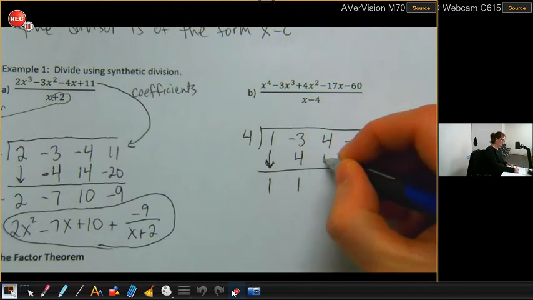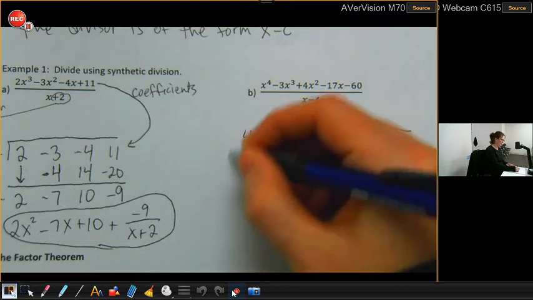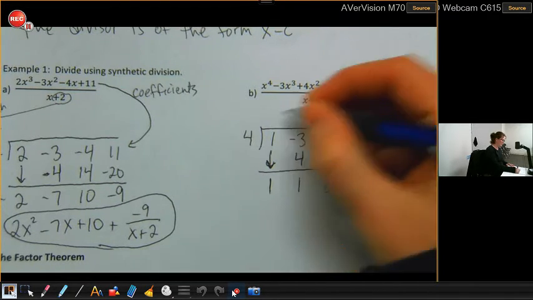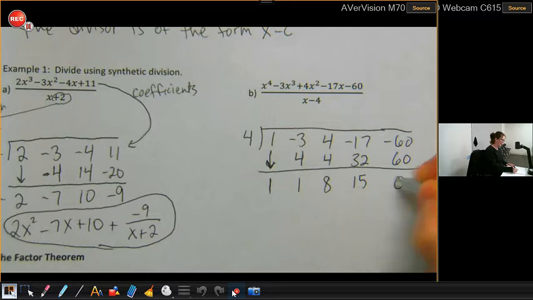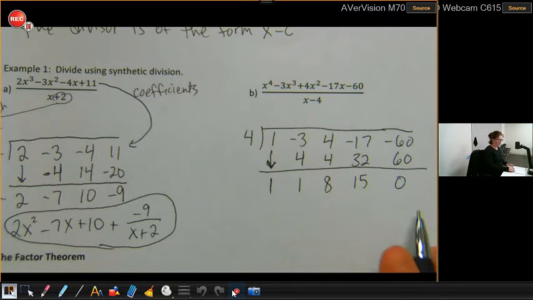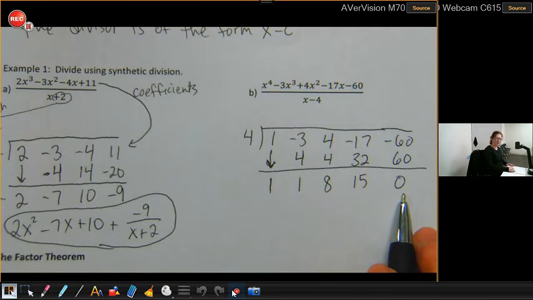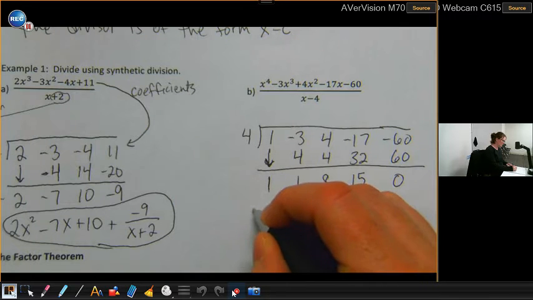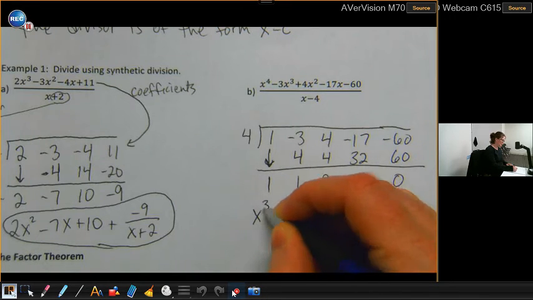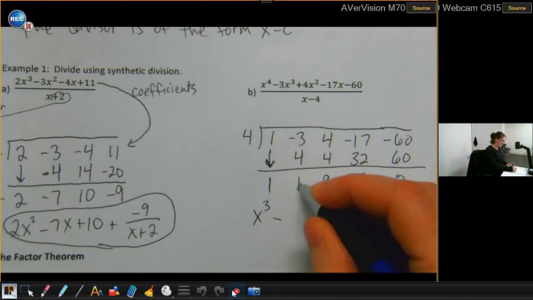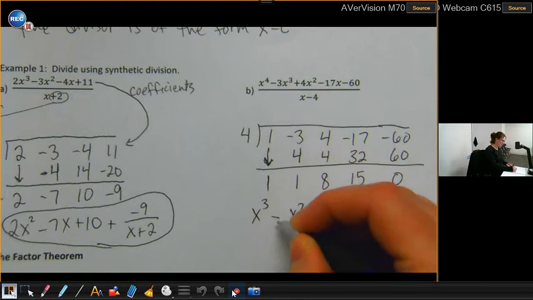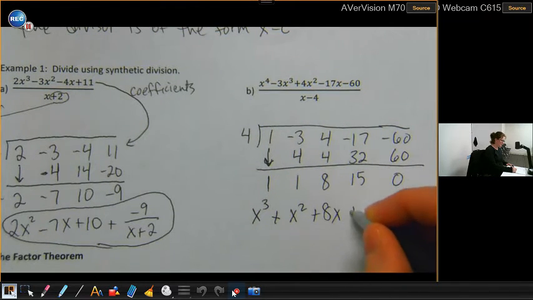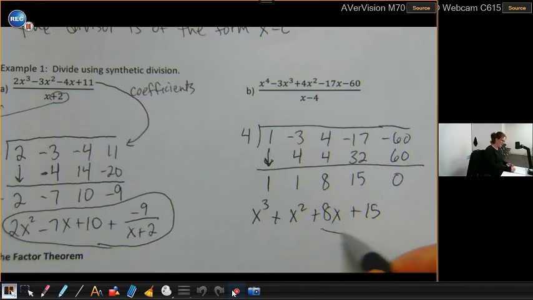Adding, multiplying, add, multiply, add, multiply, add. You'll notice this time I have a 0. That means there's going to be no remainder. I fill in 1 power less than the original problem. So it's 1x to the third, no, not minus, plus 8x plus 15. And that's what we have.